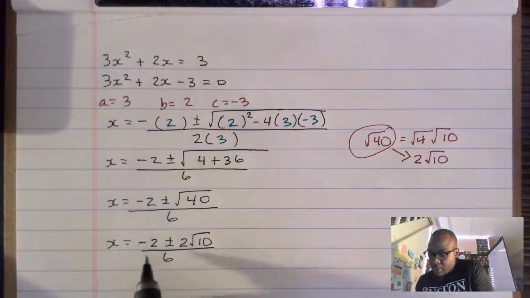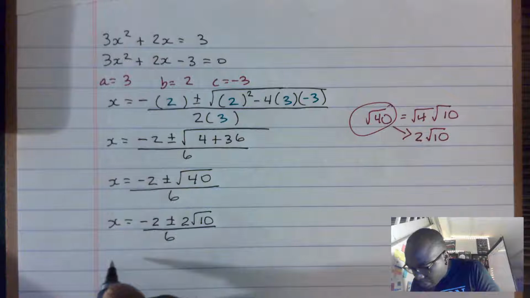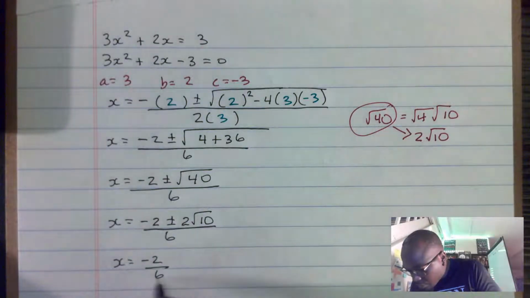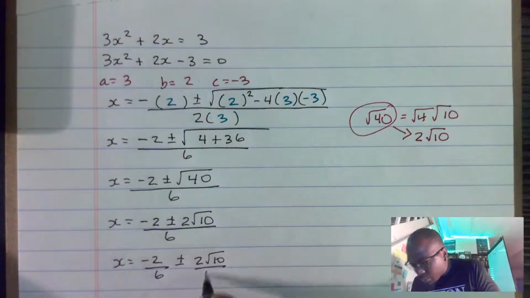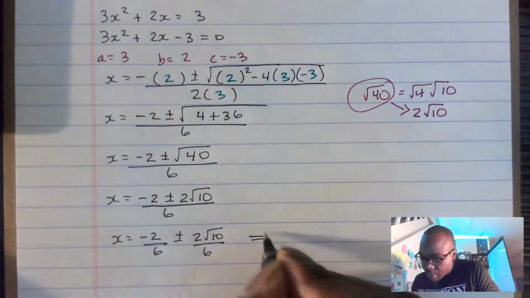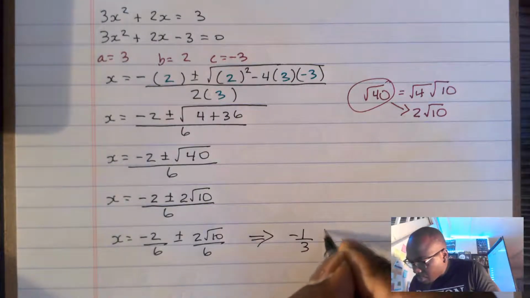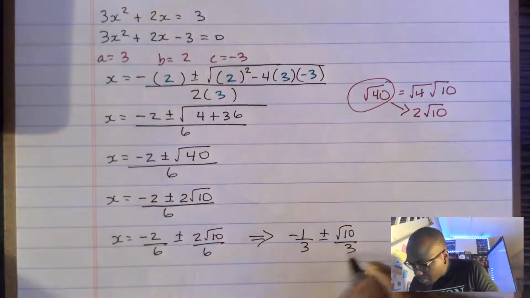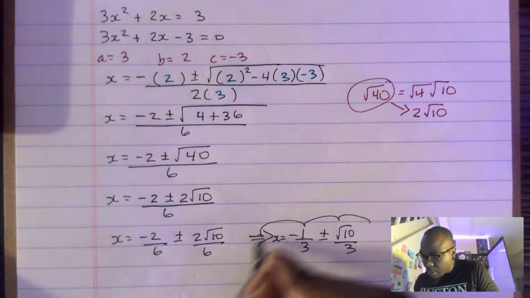Let's rewrite this as x equals negative 2 over 6 plus or minus 2 root 10 over 6. From here, we simplify this. So it's going to be negative 1/3 plus or minus radical 10 over 3. x equals that, and this is where we're going to leave our answers.